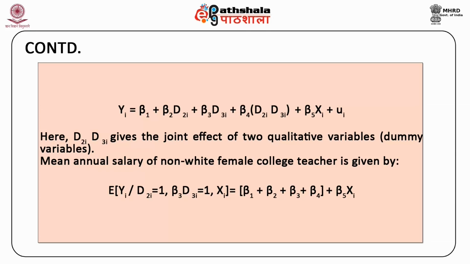Here, beta 2 is the coefficient of sex or gender dummy and the differential effect of being female. Beta 3 is the coefficient of race dummy and the differential effect of being non-white. Beta 4 is the coefficient of interaction dummy and the differential effect of being non-white female.